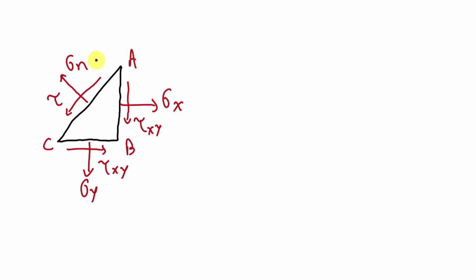Now here I have shown this triangle, and in this triangle we will take this point as the origin, and this direction as, let's say, x dash direction, and this direction as y dash direction. Now we know that this triangle is in equilibrium.